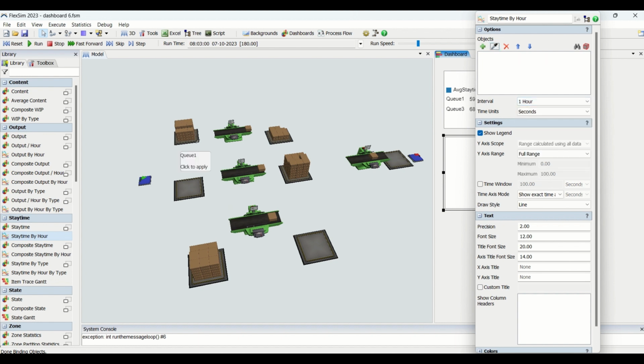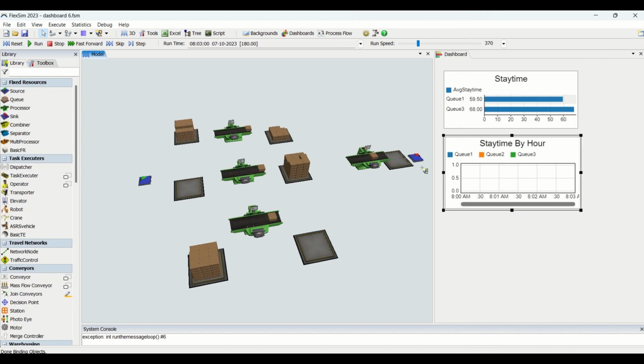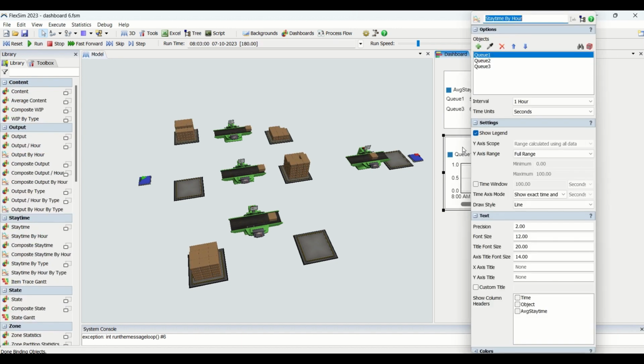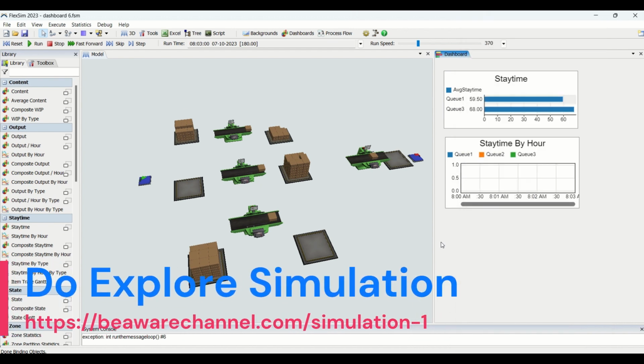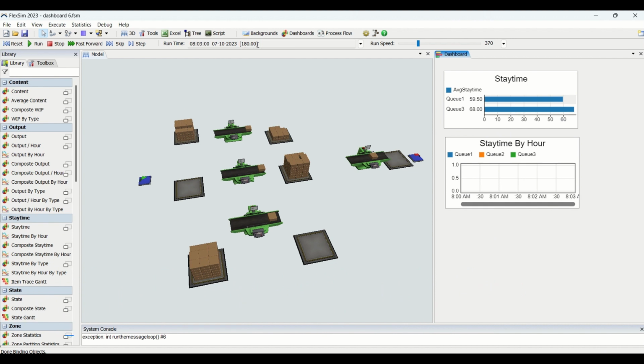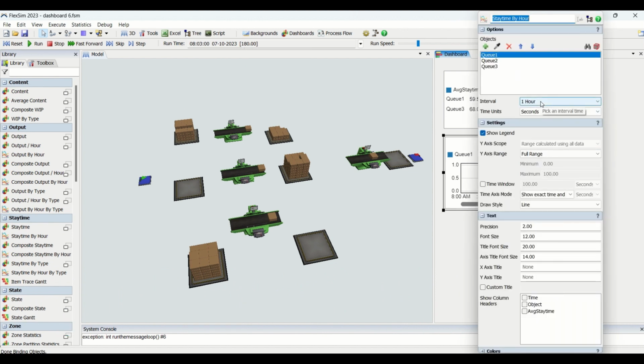Let us now select Q1, Q2 and then Q3. I'll reset and run and let us look. Now the interval is selected as 1 hour, but we are not running the model for 1 hour. We are running it for only 3 minutes, so we are not going to get any graph in our section.